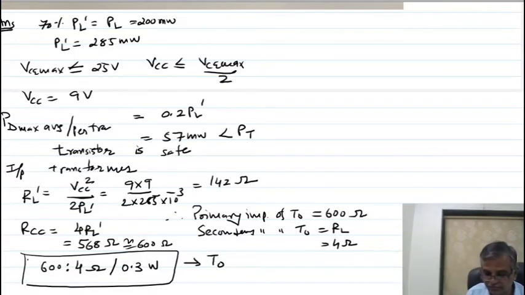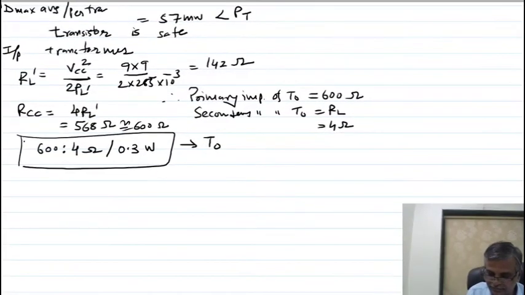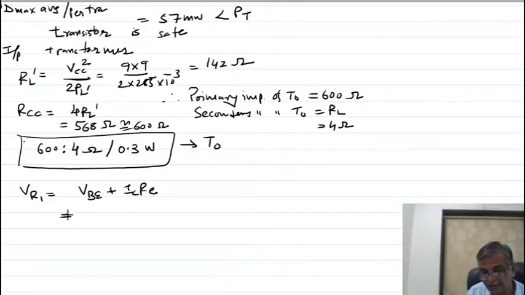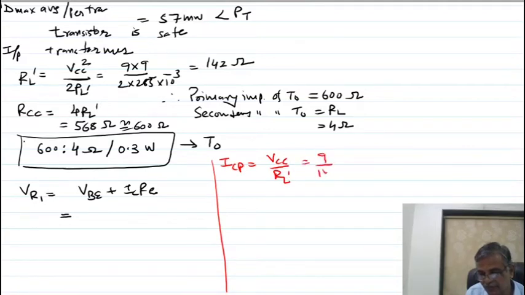Now, what is VR1? VBE plus ICRE. Now IC I have to calculate. Already you know that IC peak is VCC by RL dash, 9 upon 142, 63 milliampere.